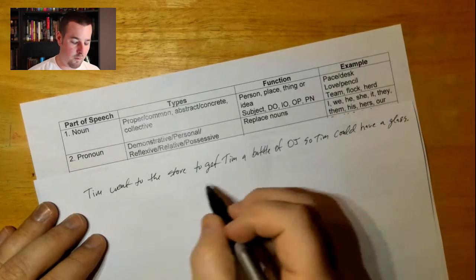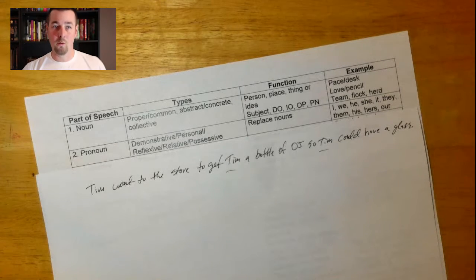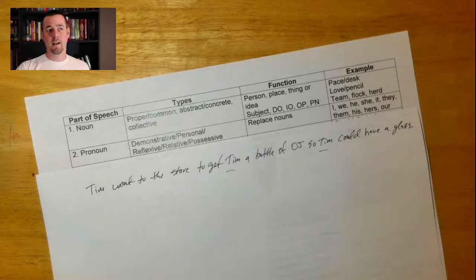Well, why would I have to say Tim over and over and over again? What pronouns do for us is they substitute. Now remember that when they go to substitute for a noun, they've got to match exactly what they are substituting for. Kind of like in football.